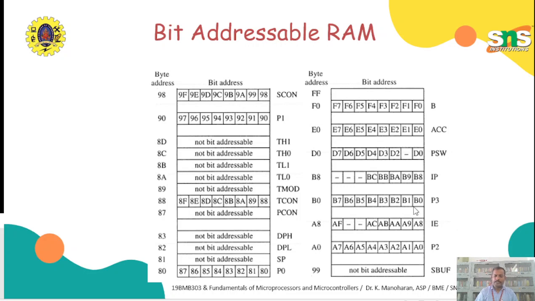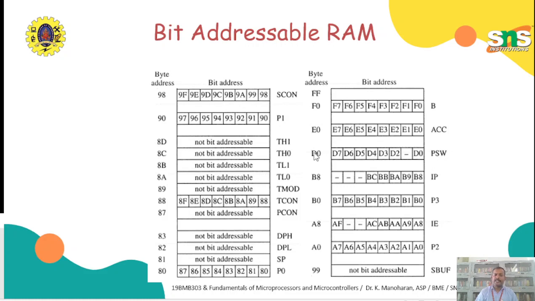Look at this port 3. B0 is the byte address. B0 to B7 are the bit addresses. Look at this. This is IP, the interrupt priority register. The addresses are B8, B9 up to BF. The byte address is B8 and the bit addresses are from B8 onwards. Look at this program status word, that is, the flag register. It has D0 to D7.